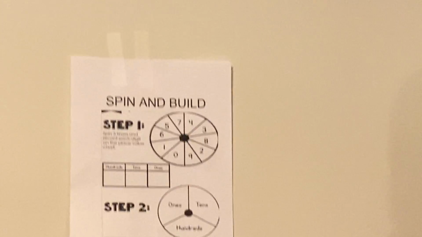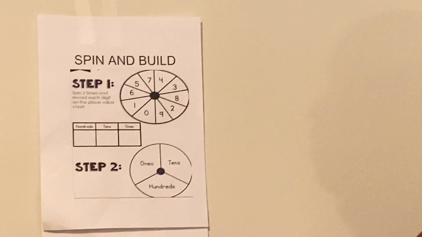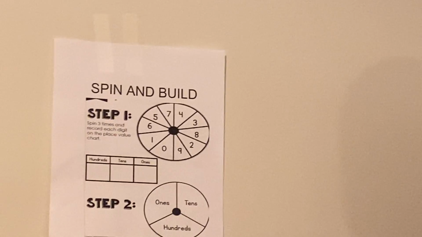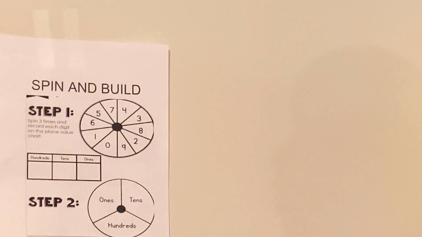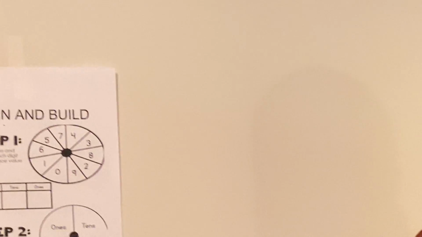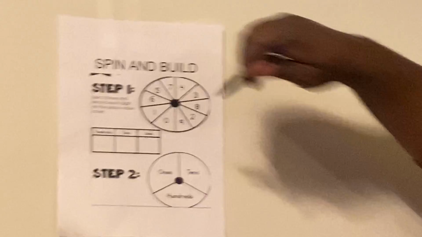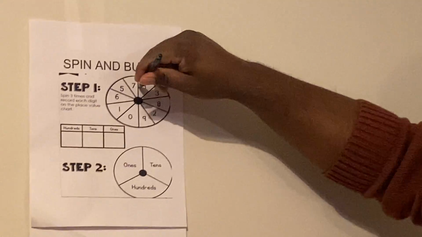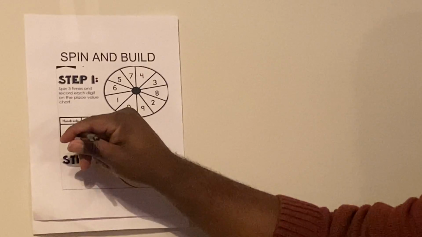We're going to play the spin and build game. All right? The person on the left side will be person number 1. You're going to spin the spinner 3 times. The first time you spin the spinner, whatever number it lands on, and let's say it lands on the 4, you're going to put the 4 in the hundreds column.